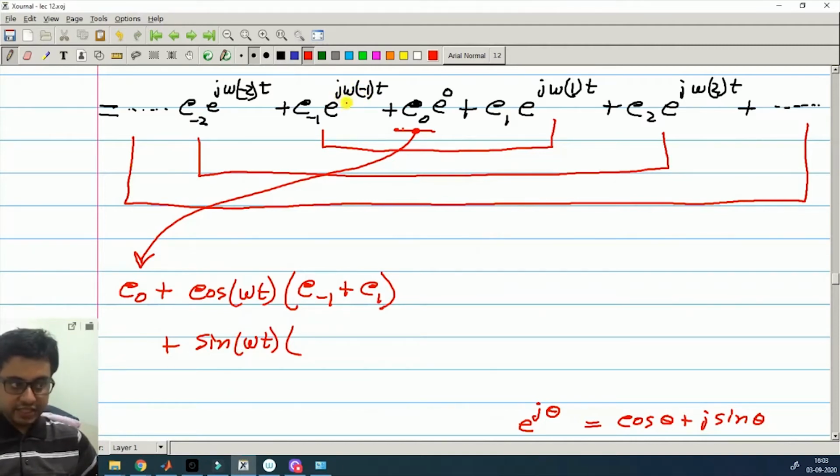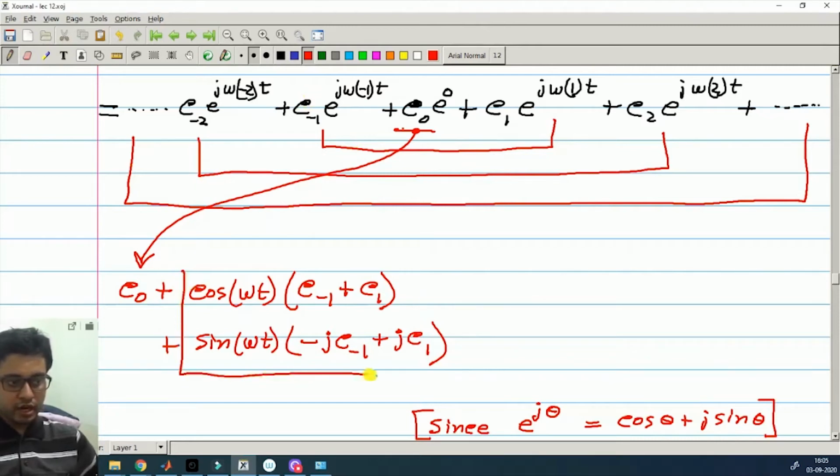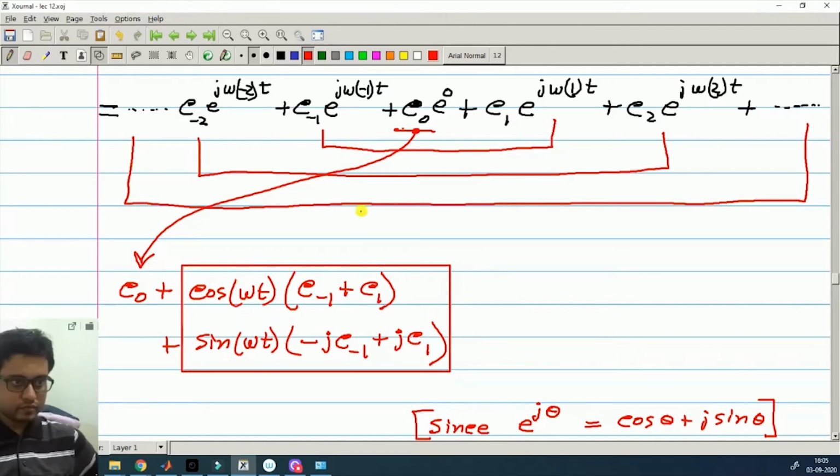Sine minus theta is minus sine theta, so minus j c1 c minus 1, and from here we will have a plus j c1. So these two terms we are getting from this and this term, that means from here.